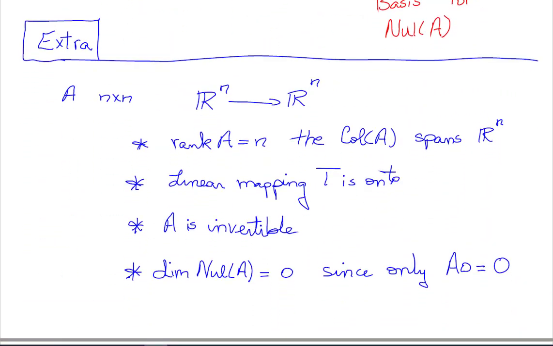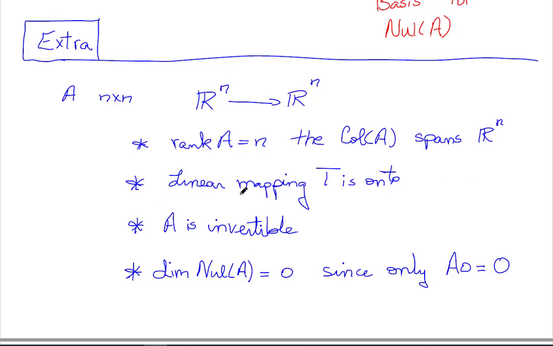Alright, a few extra things also in the chapter. So if A is n by n, we're going from Rn into Rn. If the rank is n, that means the dimension of the column space is also n, which means that this mapping is onto, and so the columns span all of Rn.